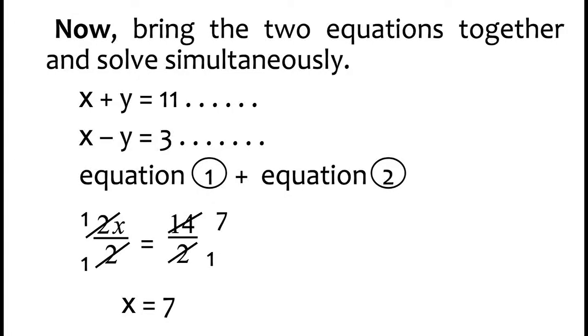Now, x is balanced because the coefficient of x in equation 1 is 1, and the coefficient of x in equation 2 is also 1. Also check the y. The coefficient of y in equation 1 is 1, and that of y in equation 2 is also 1, so y is also balanced.